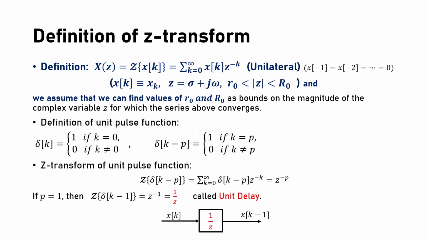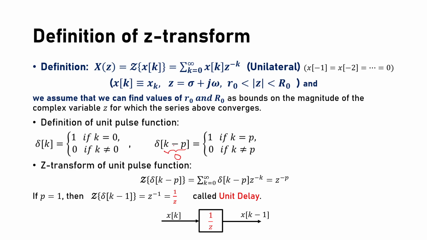And now let's apply the definition of Z transform to the unit pulse function. The unit pulse function is delta of k equal to 1 if k equal to 0. Otherwise, delta of k is 0. And for delta of k minus p, this function equals 1 if the inside argument is 0.